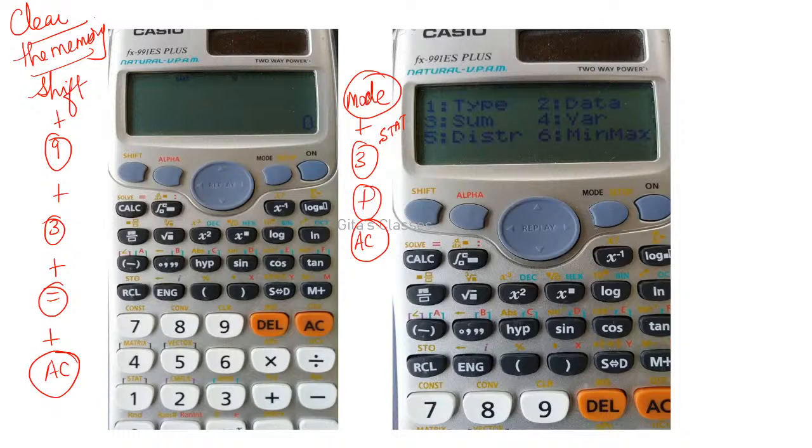Now if you press shift and 1, actually you will have STAT here, no? Above the key 1 you have STAT, right? If you want to make use of this STAT, what is the color? It is equivalent to shift color.